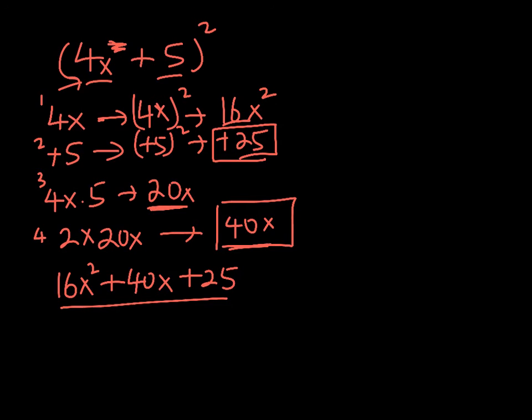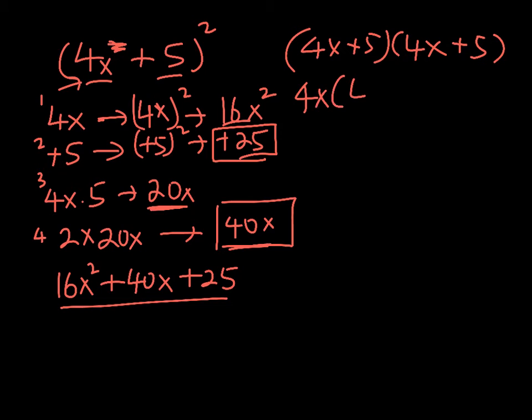Now let's do it the long way and see whether we're going to arrive at the same answer. So 4x plus 5 into 4x plus 5. We distribute 4x into 4x plus 5, plus 5 into 4x plus 5.